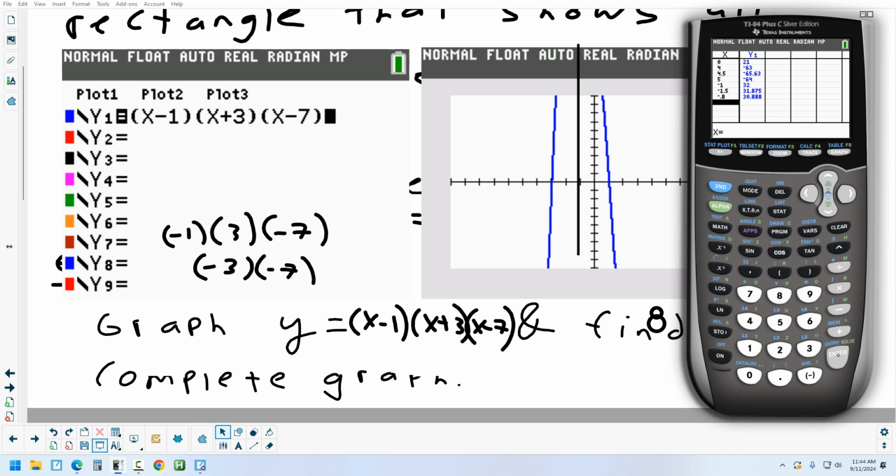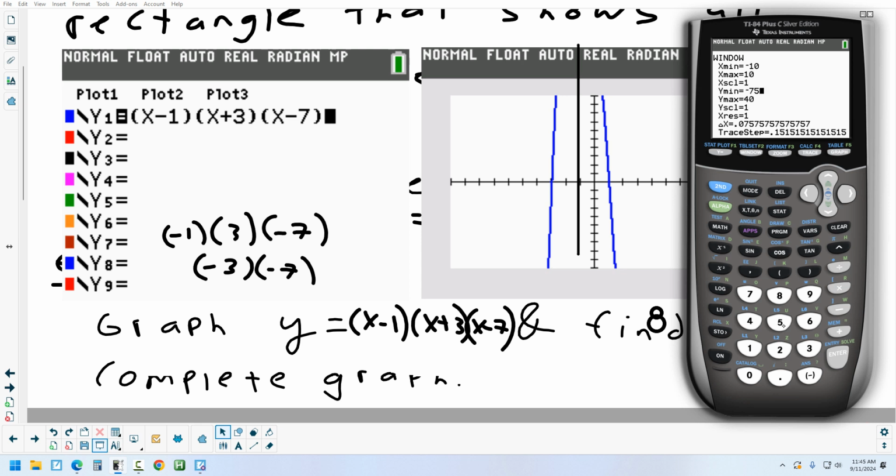But what could we do for a y max that would give us a little extra? 40. Yeah, let's do 40 for the y max. Let's put that on 40. And what did we say? I think negative 75 for the y min. So by using the table, we're not really guessing as much about what these values are.